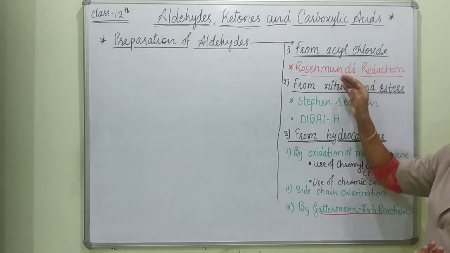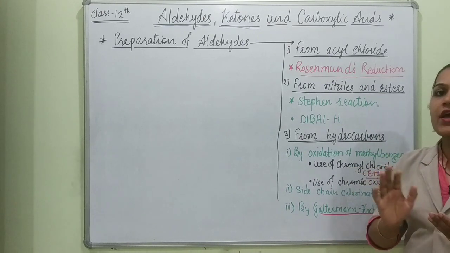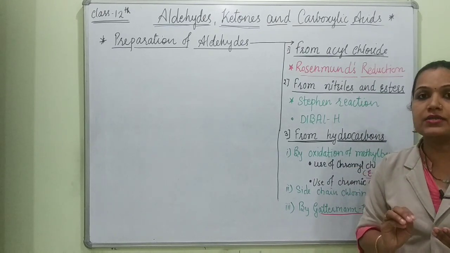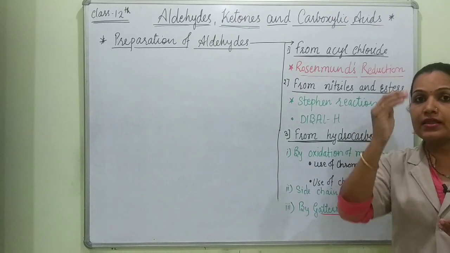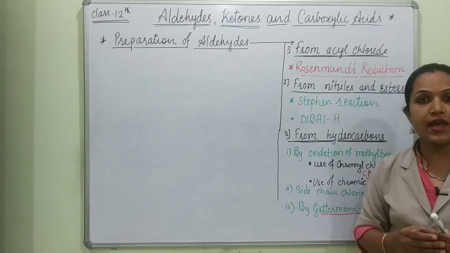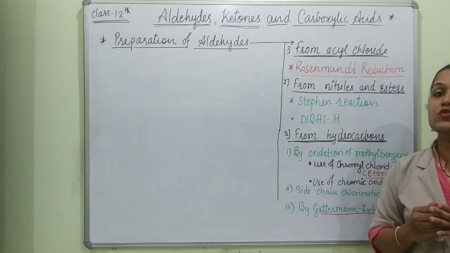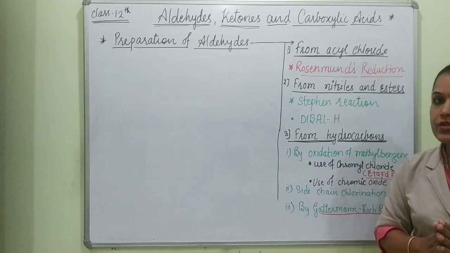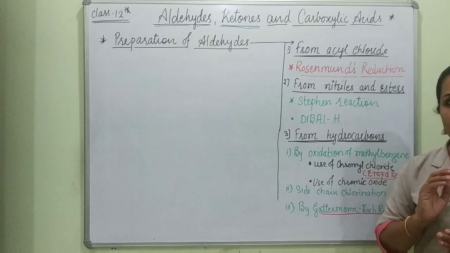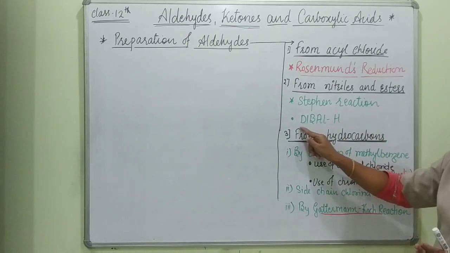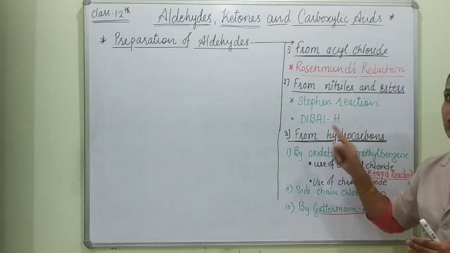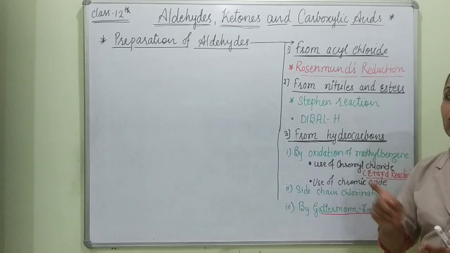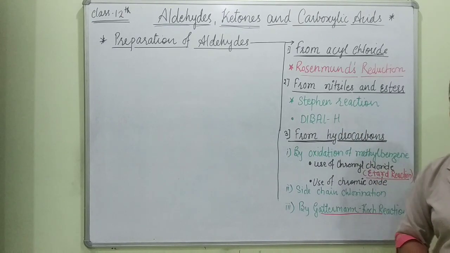This Stephen reaction and Rosenmund reaction, see children, all these reactions prepare aldehydes, but they have different names because of the reagents which they use to convert it. Then one more reagent, that is DIBAL-H, we are going to study in a detailed manner as well.